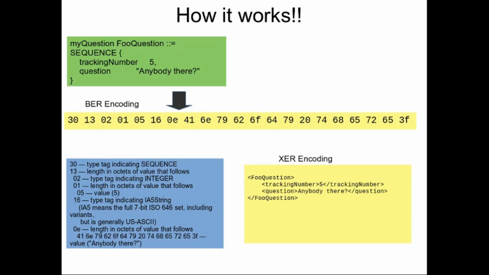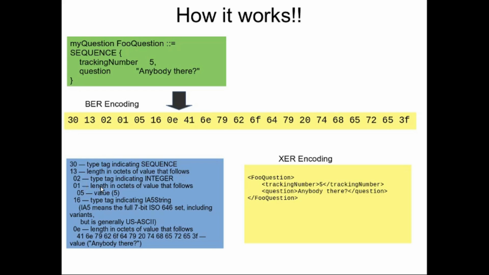It all works in the TLV format: tag or type, then length, then value, and it is explained here. 30 represents a sequence, since we have a sequence of two things, one integer and one string, and it says a sequence follows. Then 13 is the length of the value octets that follow, so a total of 13 bytes will follow in this sequence.